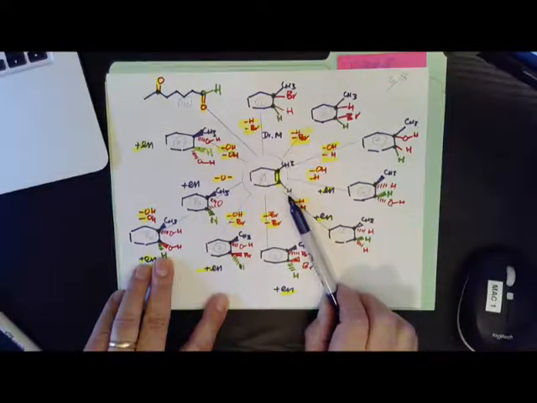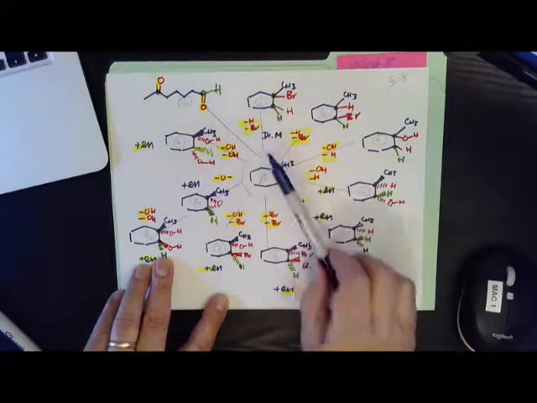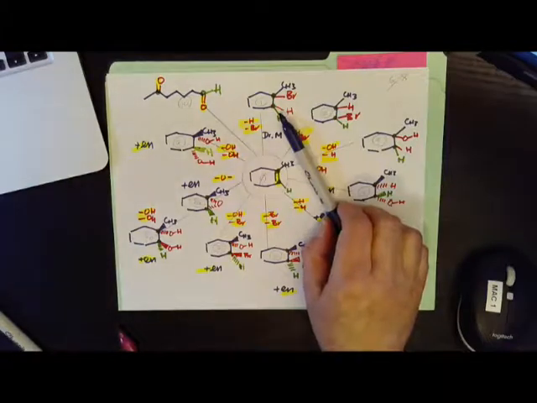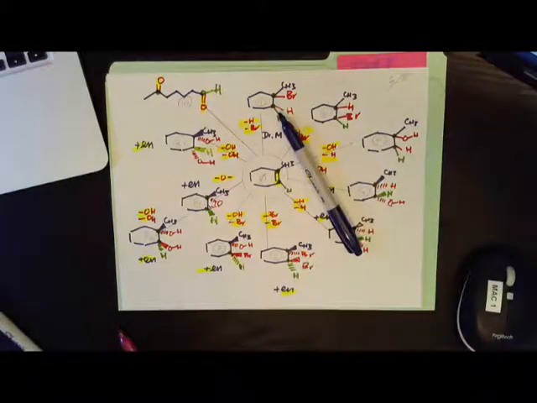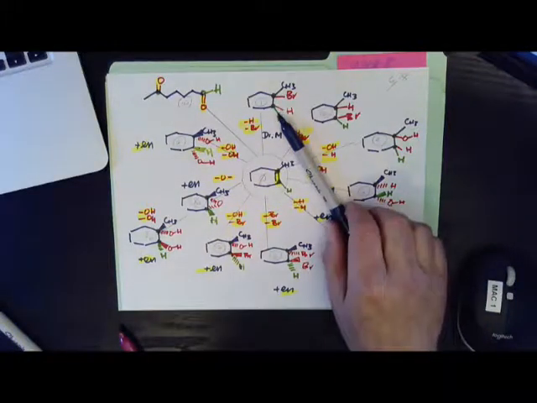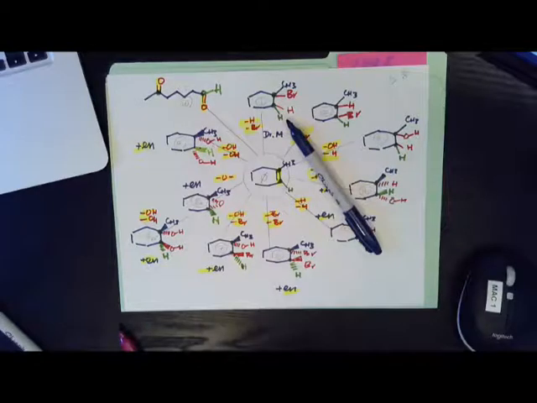So basically, when we add H and Br, the H was added to the carbon that already had an H or more H's. That's what we call Dr. Markovnikov's rule. Markovnikov's rule, as I call it, is we add the H to a carbon that already has more H's.